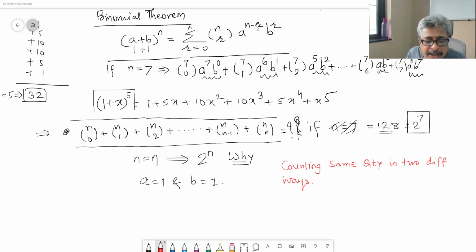And the identity is sigma r goes from 0 to n, n choose r is equal to 2 raised to n.